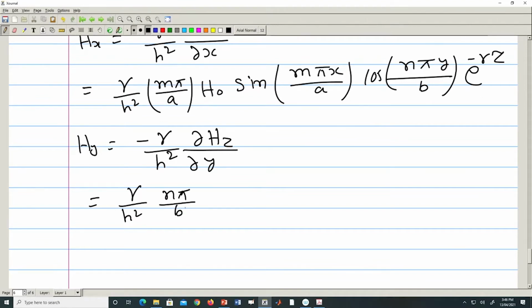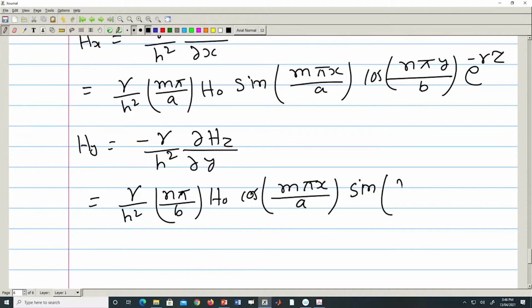So, n pi by b H naught cos of m pi x by a sin of n pi y by b e to the power minus gamma z. So, we have written all the field expression, means Ex, Ey, Hx, Hy. Hz is already given in the first, and Ez will be 0 for the TE to Z mode.